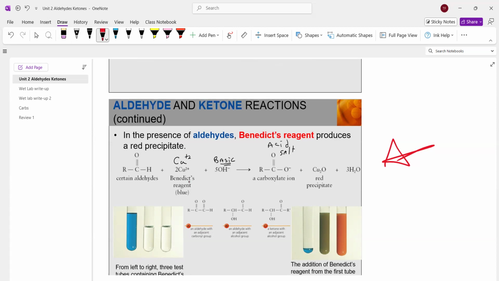So the copper +2 goes to +1. So the +2 is reduced to +1. So that is reduction.